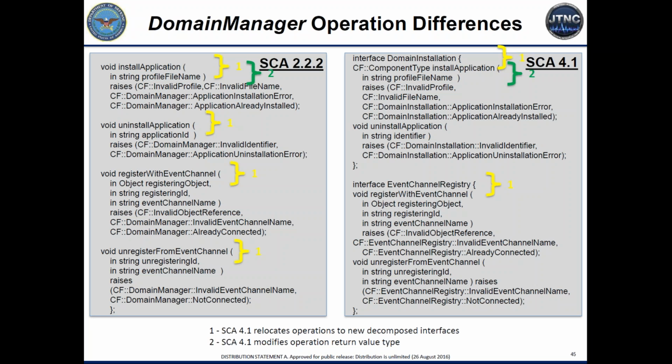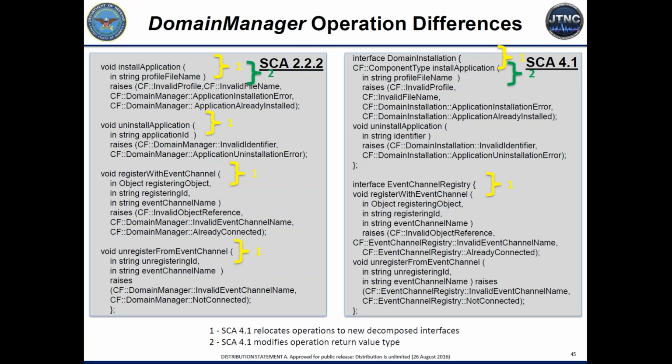Instead of it being in domain manager, it now is in the domain installation interface. So not a major functional change, not a capability change. There is a difference in terms of where that install application operation exists within that 4.1 product. So you'll need to move, rebuild, et cetera, et cetera.